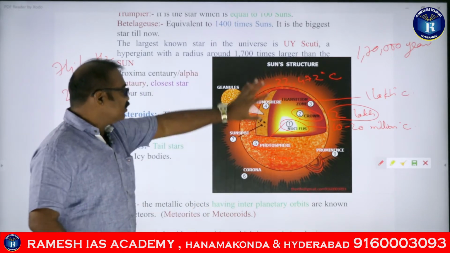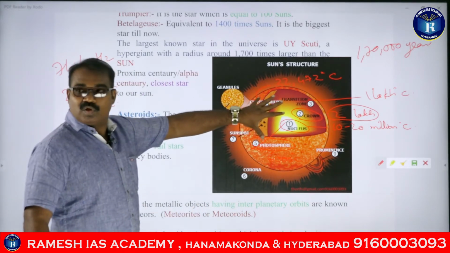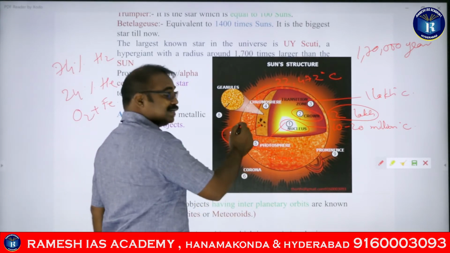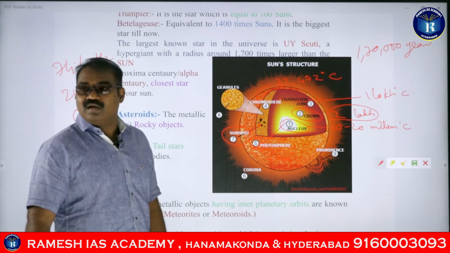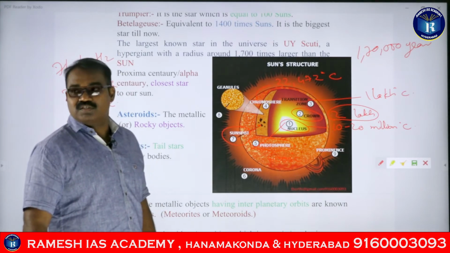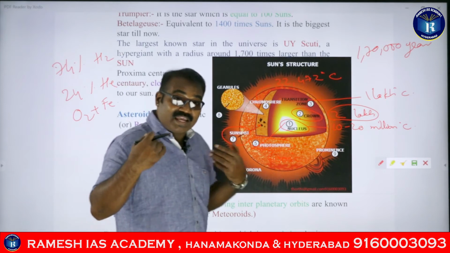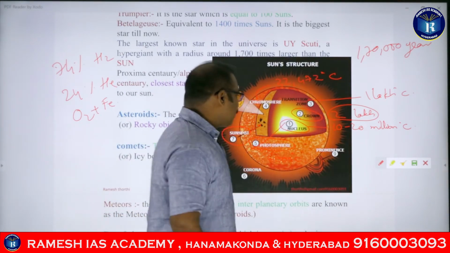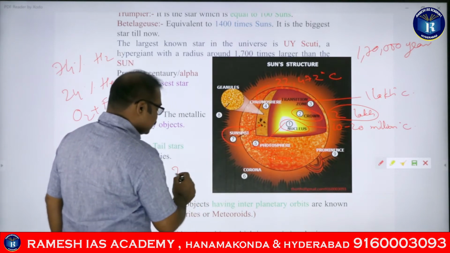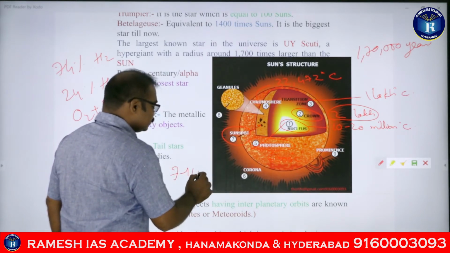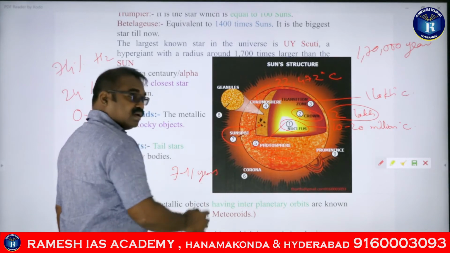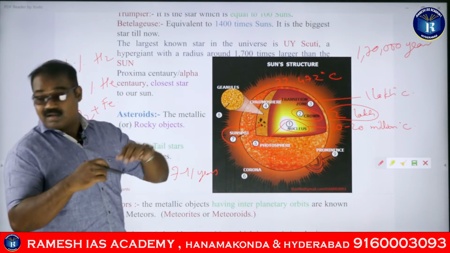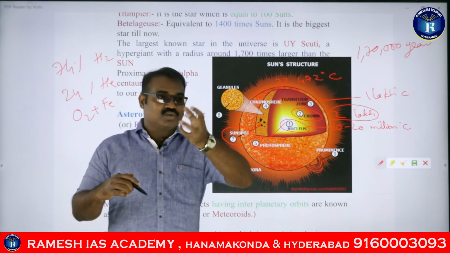On the surface of the sun, they have identified some dark parts called sunspots. We are able to see the sunspot cycle from our earth at an interval of 7 to 11 years, because the earth is rotating and the sun is rotating.